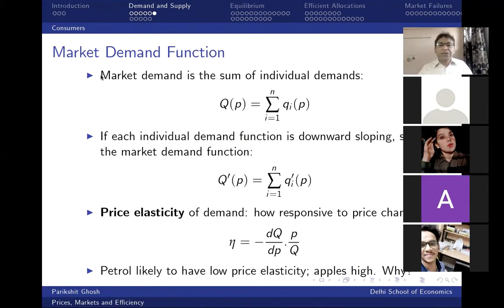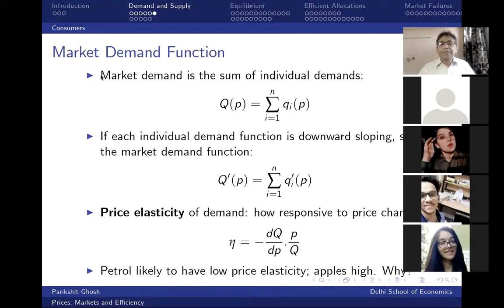But for many purposes, it is not enough to know in which direction consumers will move, but also how much, right? So if the price increases 10%, then will consumers reduce the demand by 5% or 20% or 50%? So that magnitude of cutback is very, very important.